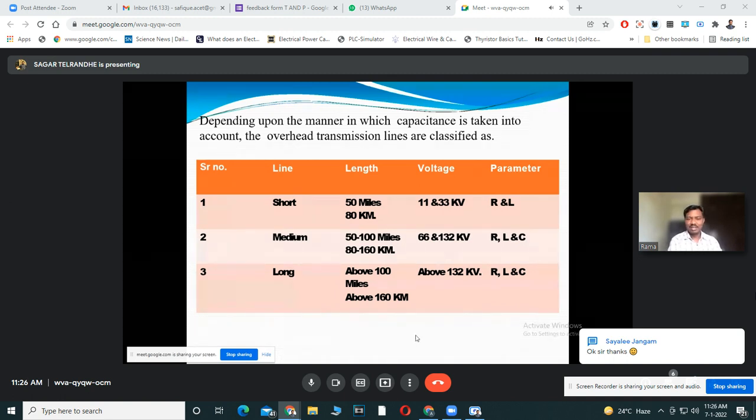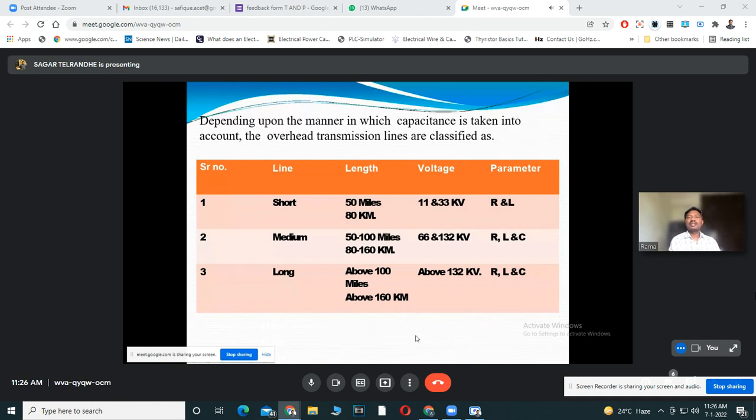Okay. So now getting back to the short, medium, and the long transmission lines. In order to plan a system by a contractor for a short, medium, or long transmission line, it becomes very necessary for the contractor to calculate the size of the conductor, the length of the conductor, and the current density that will be acting upon the conductor.